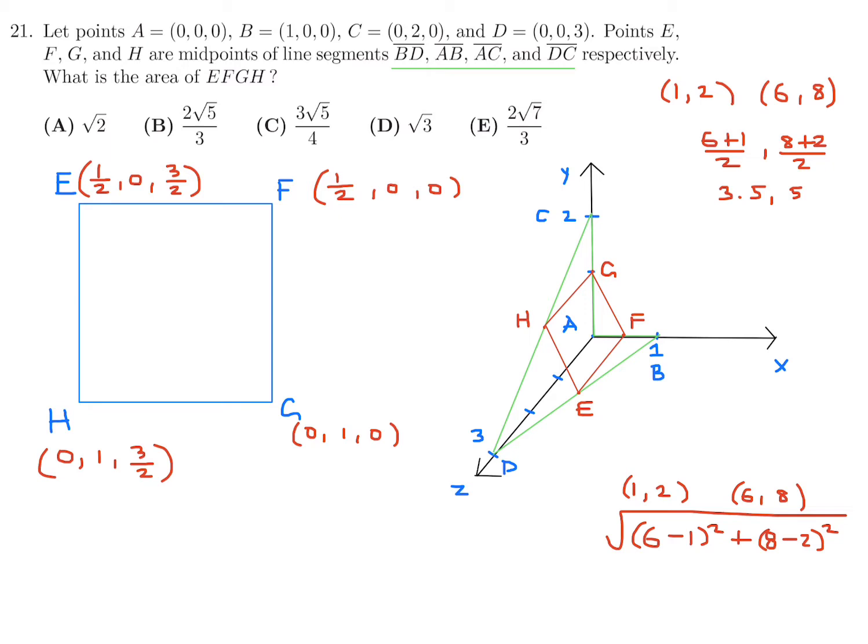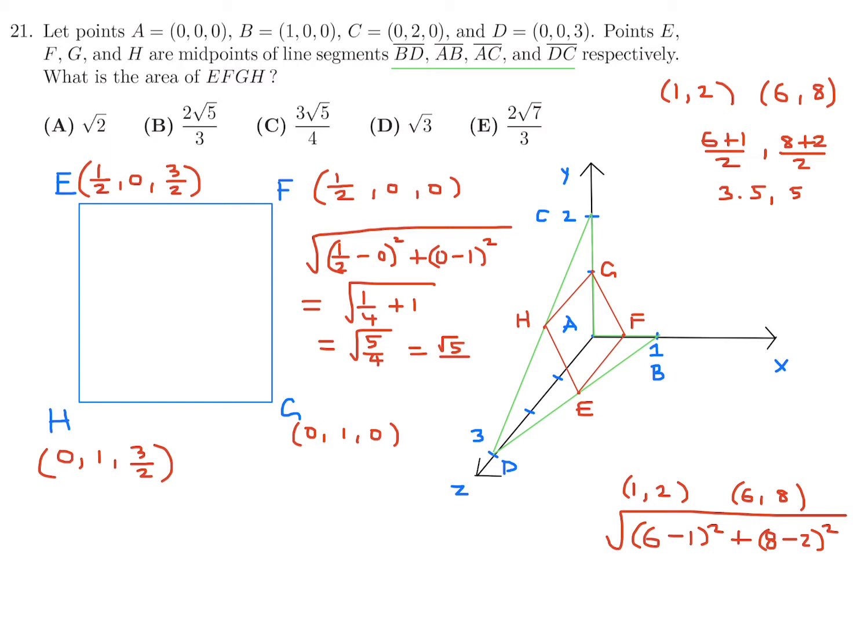So the distance from F to G would just be 1/2 minus 0 squared, and then 0 minus 1 squared, and then 0 minus 0 squared, all under the square root sign. So this is 1 over 4 plus 1, which is 5 over 4.